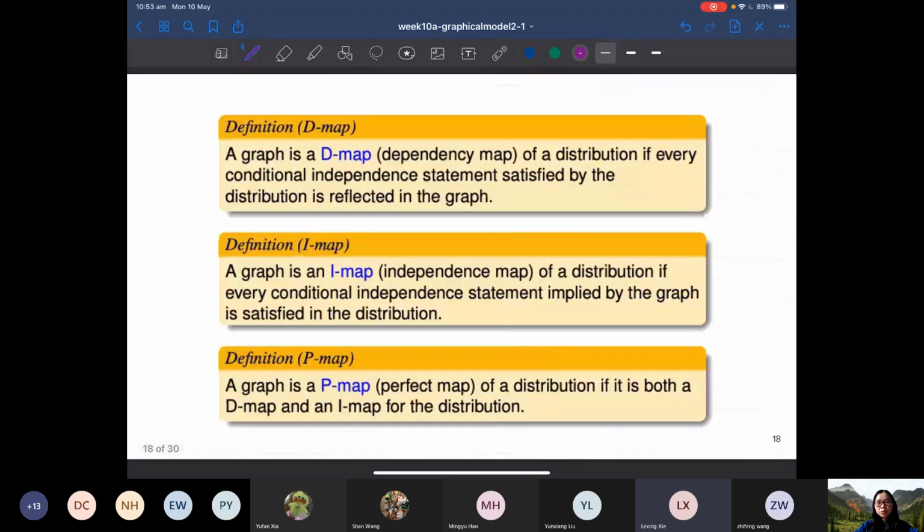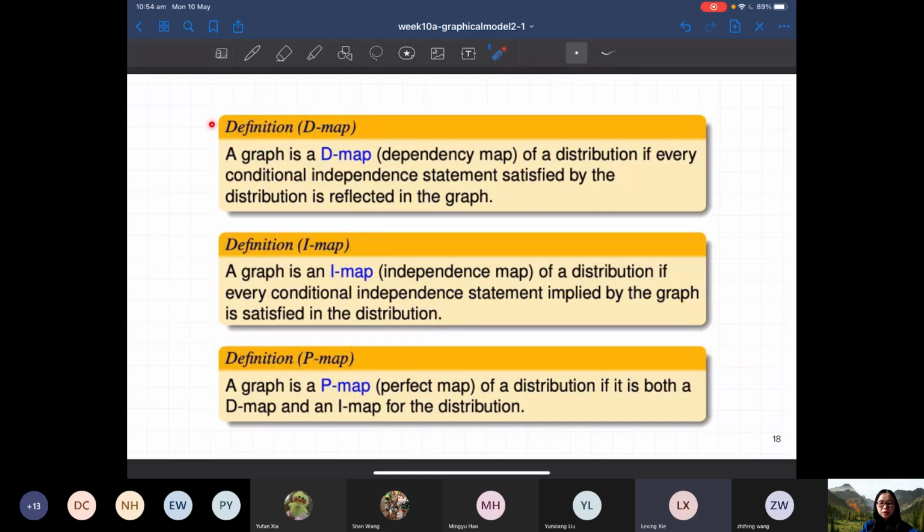So this is how we can use moralization. There's a bit more terminology introduced by the book. It says a graph is the D-map, dependency map, of a distribution if every conditional independence statement satisfied by the distribution is reflected in the graph. A graph is an independence map of a distribution if every conditional independence implied by the graph is satisfied in the distribution.